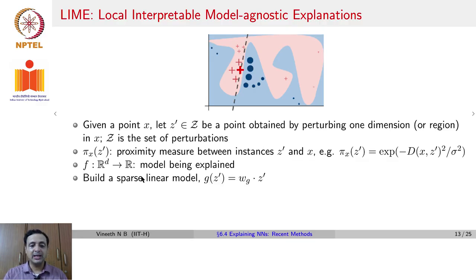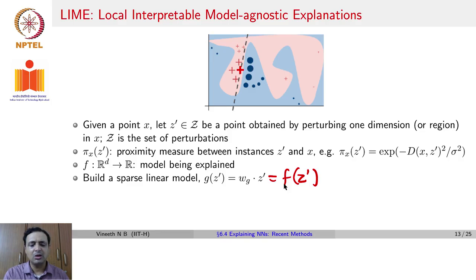Our goal now is, given these perturbations z prime and your original image x, we want to build a model g of z prime such that g of z prime is equal to w_g times z prime, which is the linear model, such that the output of g of z prime is the same as the output of f of z prime. So we want this to be also equal to f of z prime.